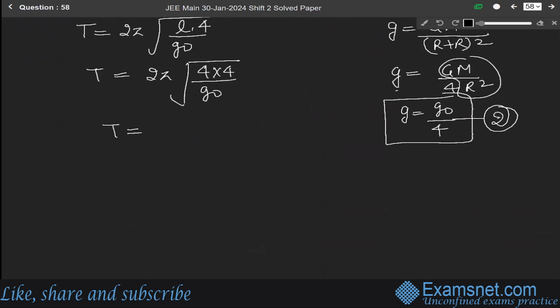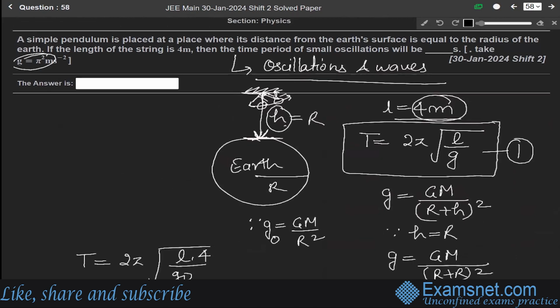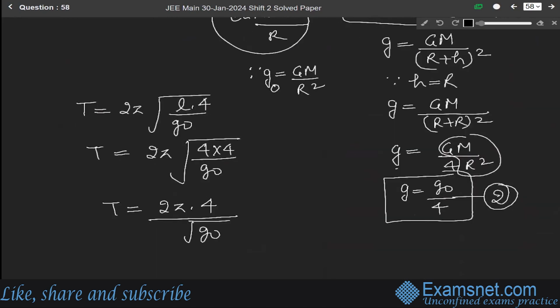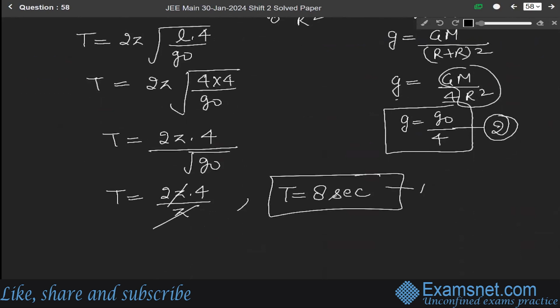So T will be equal to 2 pi into 4 into under root of G naught, and G naught value is given as pi square. Putting the value of G naught as pi square, we get 2 pi over 4 into pi upon pi. Pi cancels, so we get T equals 8 seconds. This is our final answer.